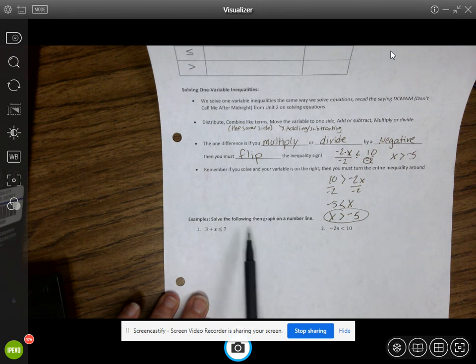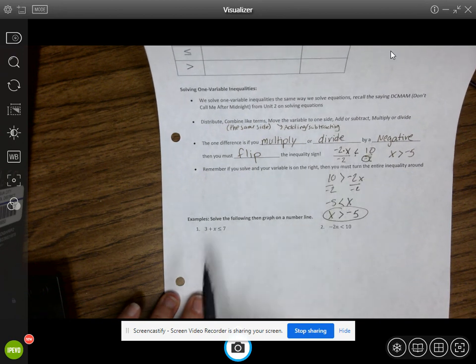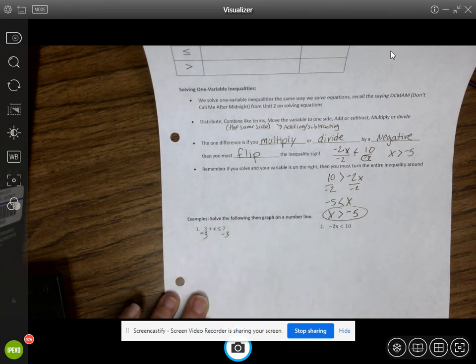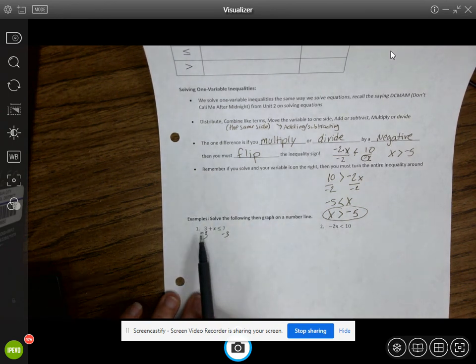I don't have any over here on the right. Add or subtract. I've got this constant right here. It is positive, so I'm going to subtract 3 from both sides. I am not subtracting because of this plus sign. I am subtracting because 3 is positive. I don't see a sign in front which lets me know it's positive.